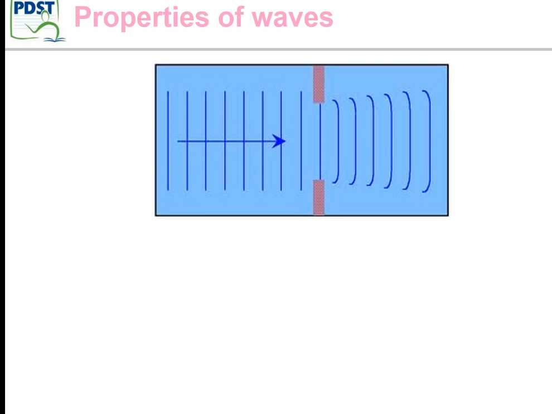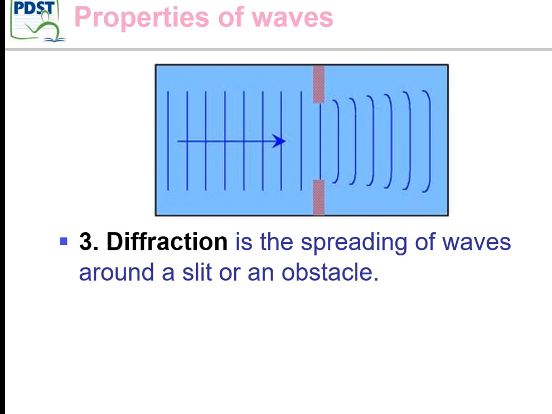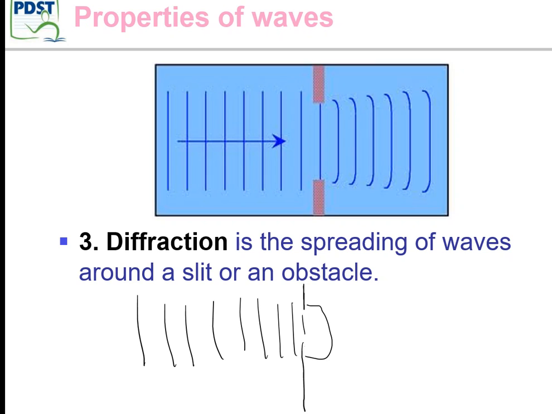We have a third property of waves that we call diffraction. Now, if you have something like a slit here, and you have a wave coming here as lines, when the wave hits this slit, it begins making ripples.